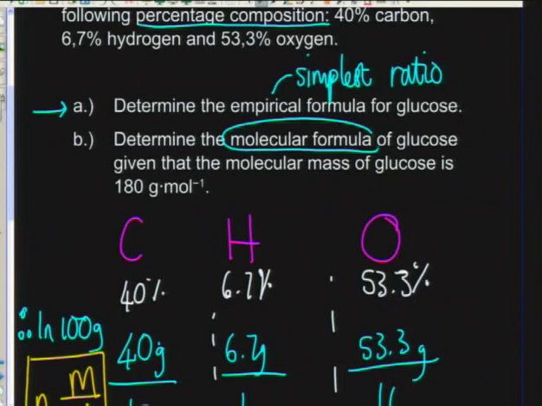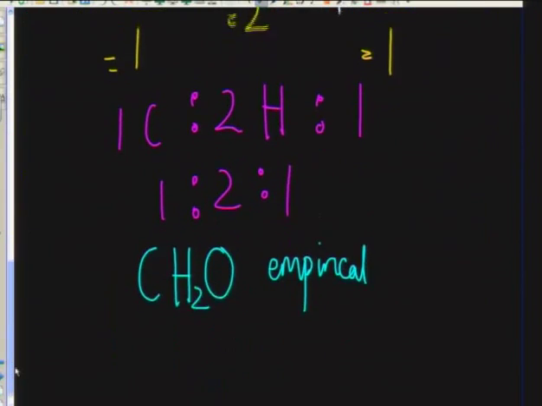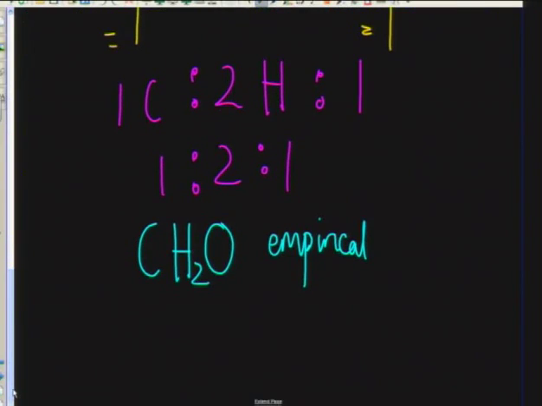Now, the molecular formula is the actual formula with the exact number of each atom of glucose, and given the molecular mass, very important, they tell us what the molecular mass actually is. So, going to the end of this question, I've got the empirical formula. Let's go and work out the molar mass of CH2O.